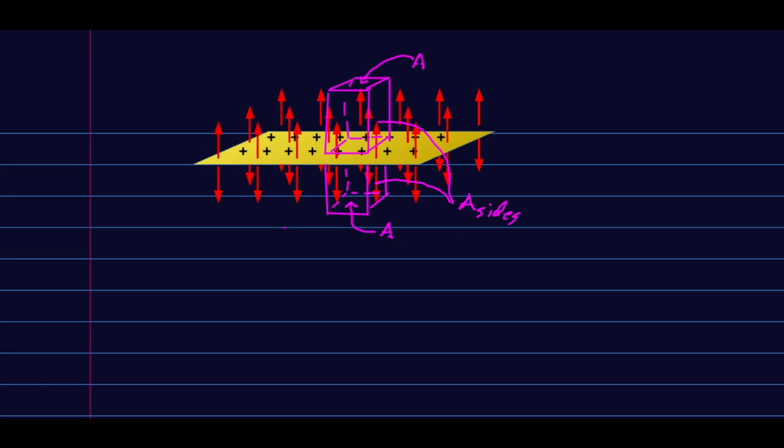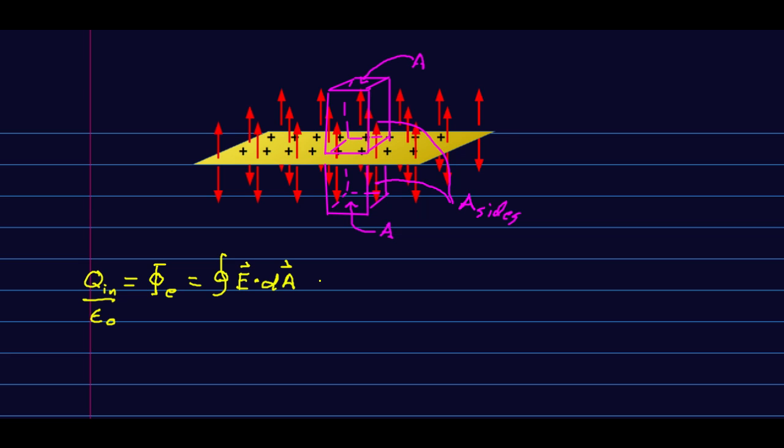And let's now think about what Gauss's law tells us about this. So our total flux, we know, is the Q inside the surface over epsilon naught. And the flux is defined as the surface integral E dot dA.